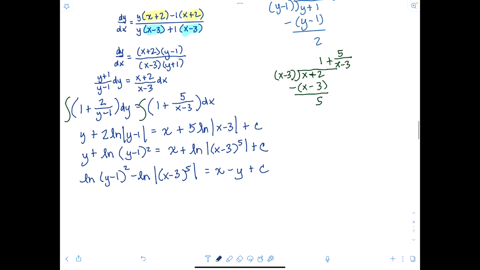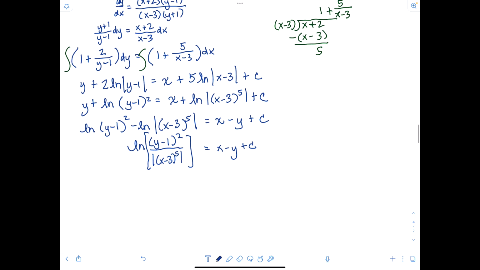The difference of natural logs is the quotient, right? So I'll end up with 1 happy natural log. In the numerator, we'll have y minus 1 squared. In the denominator, we'll have absolute x minus 3 to the 5th. That's all in the natural log. That'll equal x minus y plus c.